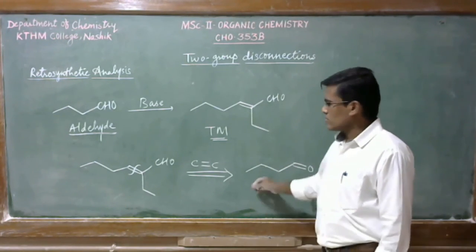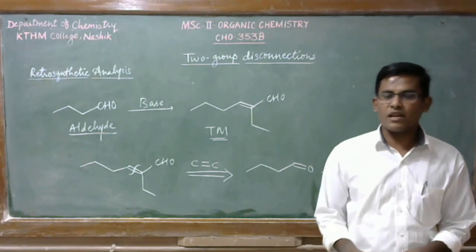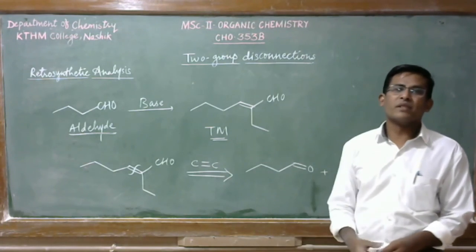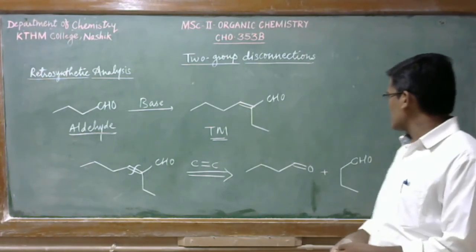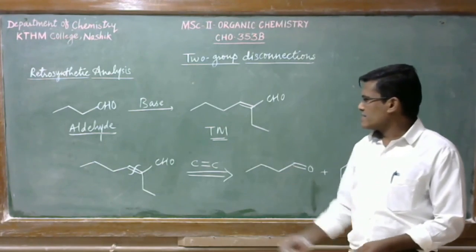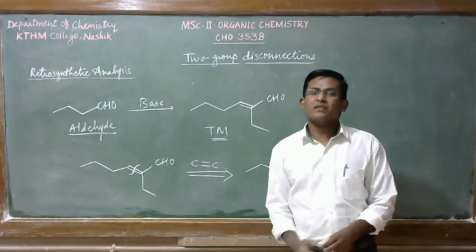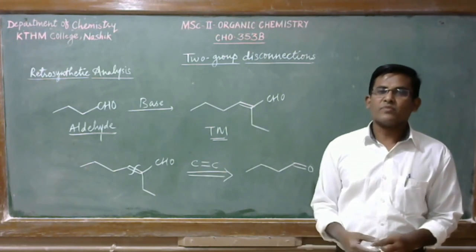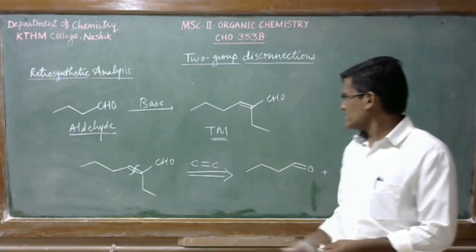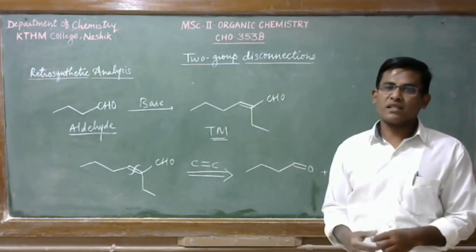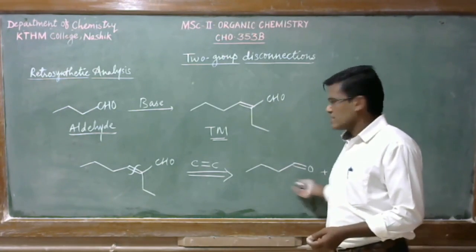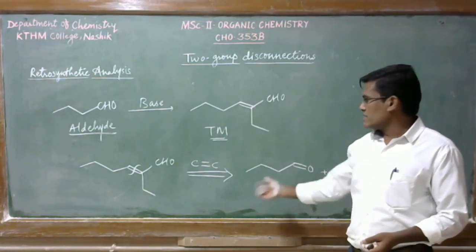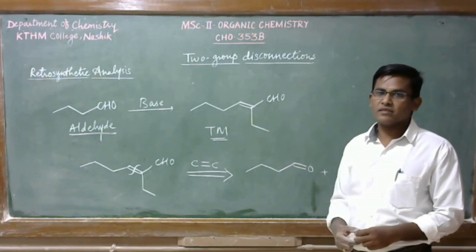So this is the shorthand expression we can use for this particular alpha beta unsaturated carbonyl compound. Since alpha beta unsaturated carbonyl compounds can be obtained by using aldol reaction followed by dehydration, it's obvious we have this carbon-carbon disconnection. It is the shorthand expression which can be used in retrosynthetic analysis.